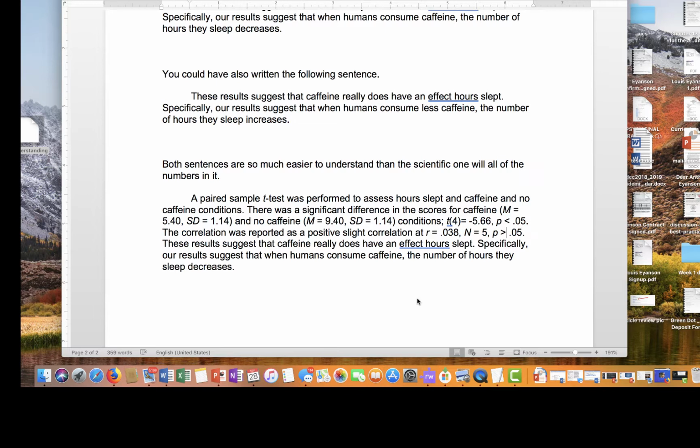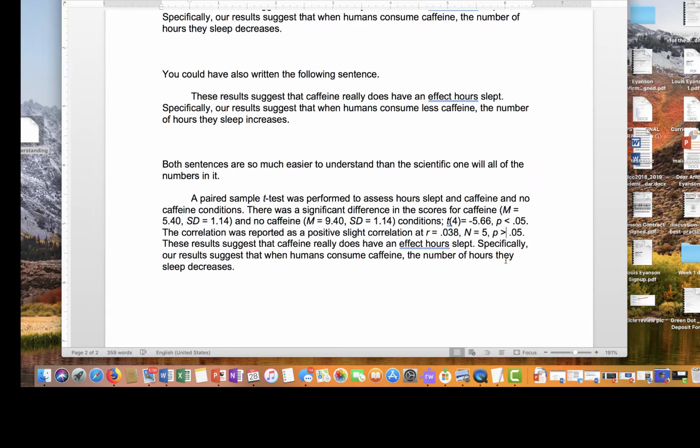This one's a little more elaborate, but it can be as simple as putting down that those participants who consumed no caffeine slept more hours than those that actually drank caffeine. That would be just as good as what it is here.